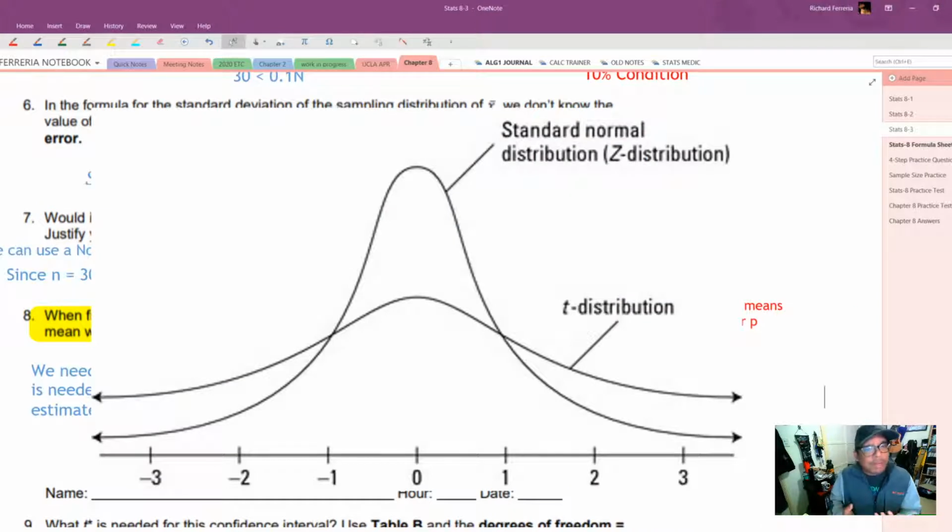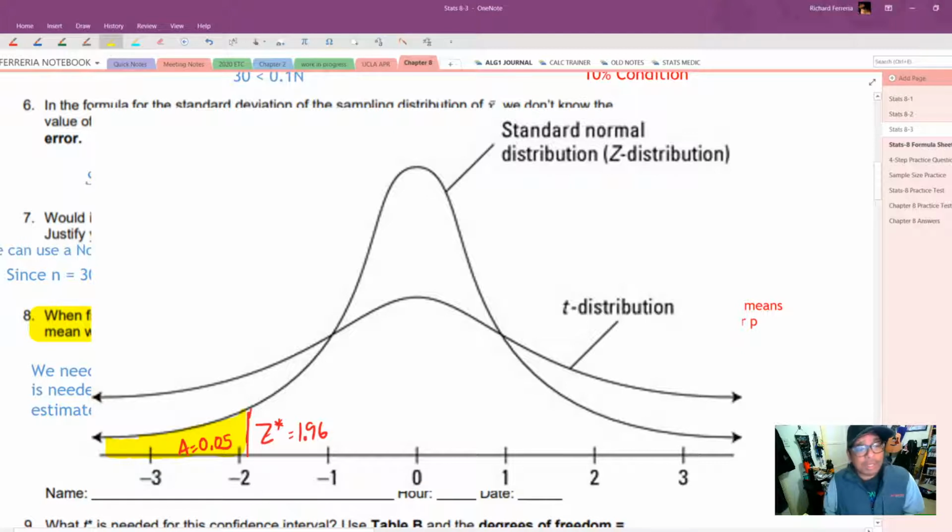So here's an exaggerated difference between the t-distribution and the normal distribution, which is sometimes called the z-distribution. Let's think about what would happen if we were doing a 90% confidence interval. With the z-distribution, we know that the area over here in the tail would have to be 0.05. I got that wrong, hold on. There we go.